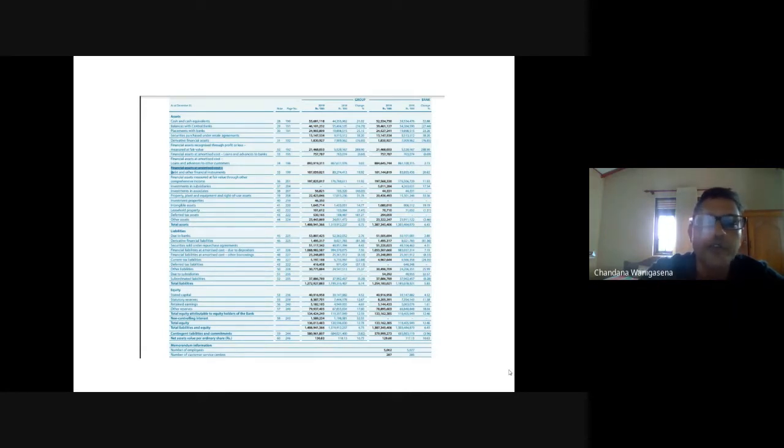So that's why we have the balance sheet, and underneath that we have these contingent liabilities and commitments, with which banks make their other income.